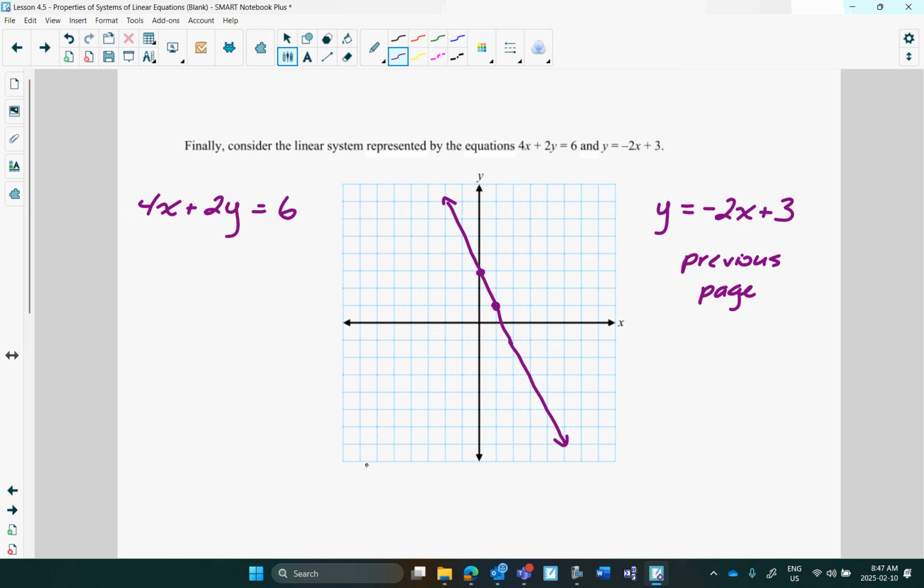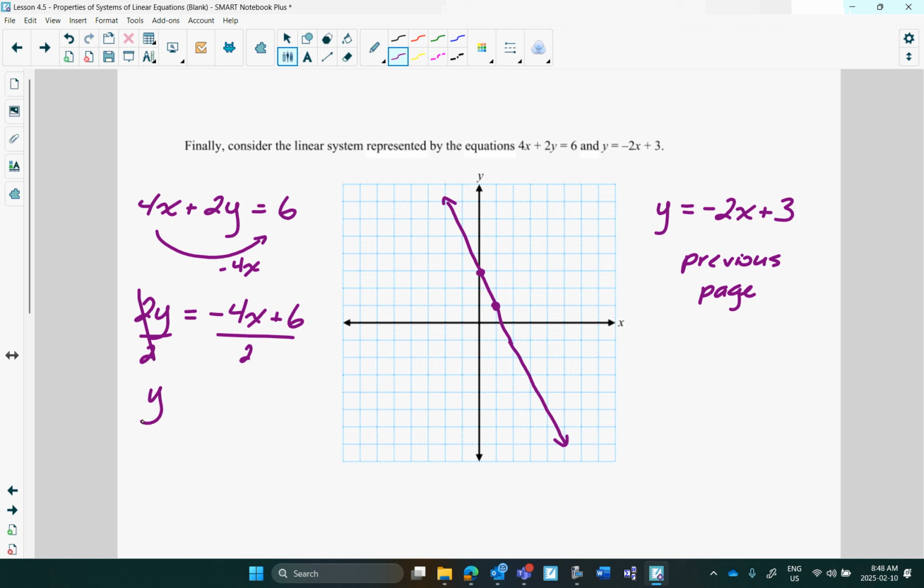I'm going to solve for y. Because really, you guys should get used to graphing slope-intercept form. So I need to move the 4x over by subtracting 4x. So the equation looks like 2y equals -4x plus 6. Then I divide everything by 2.